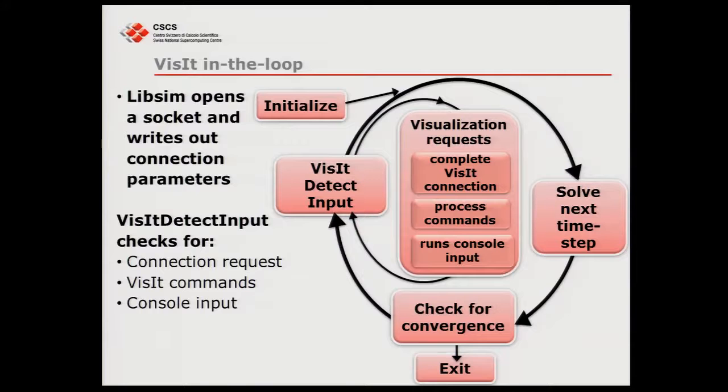If VisIt is asking for an ISO surface, that command is passed and is processed over here. This is optional. Let's skip it. If so, I process the command, and then I return to the simulation, which goes to the next time step. And as you saw in my demonstration, the simulation actually finished early, so it just quit because I had nothing else to do. So the simulation really is independent when VisIt doesn't do any intervention with it.